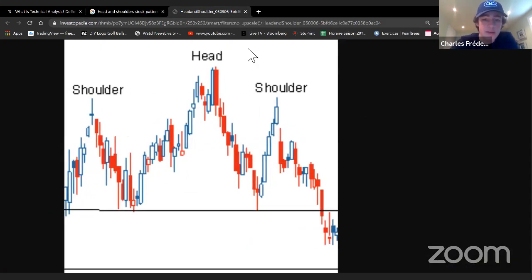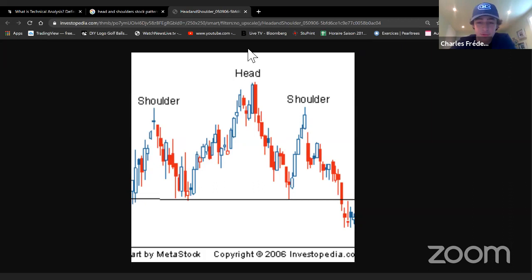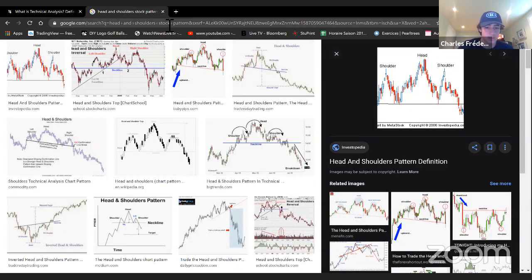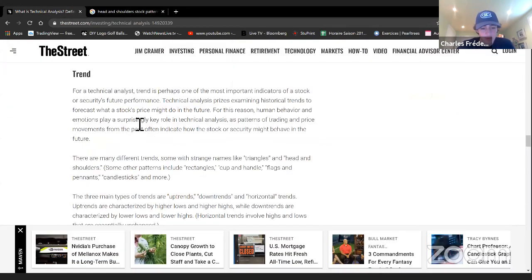So you've got your head, you've got your shoulder, and you've got your other shoulder, and then there's also the neck here at the bottom, which is the line, which is kind of a support. And once it crosses that, it will go lower. So that's just a brief example of those patterns and trends. Then there's momentum.